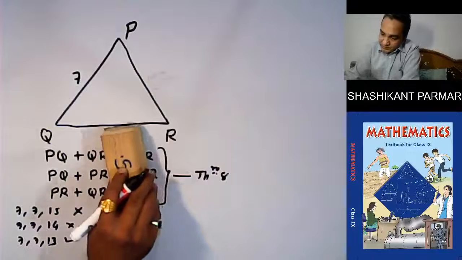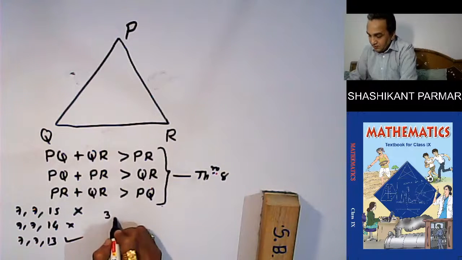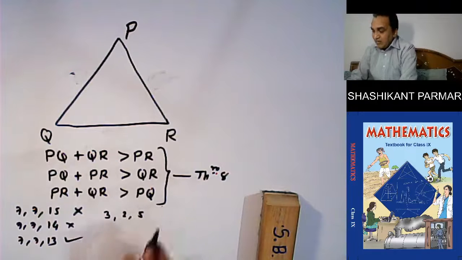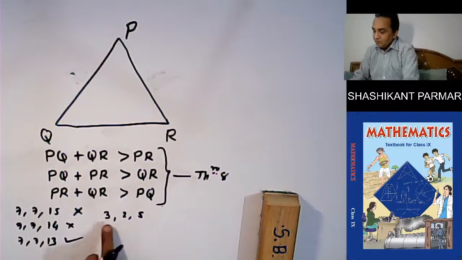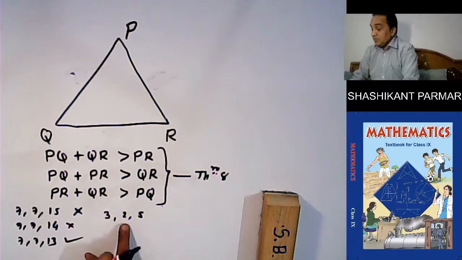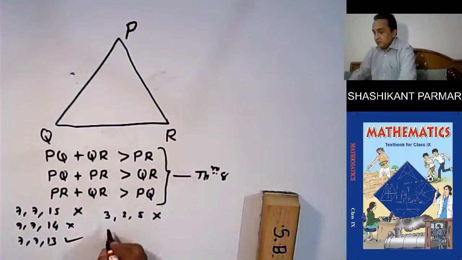Similarly 3, 2, 5 are not sides of any triangle, because the sum of 3 and 2 must be greater than the other side. So this is not the sides of a triangle.